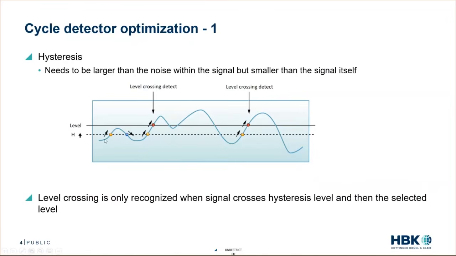So this graphic shows you if the signal comes into the hysteresis band and exits it without crossing the level of interest, that's not a valid level crossing. You have to come from below the band and cross into the hysteresis band and across the level to get that valid cycle or that valid level crossing.